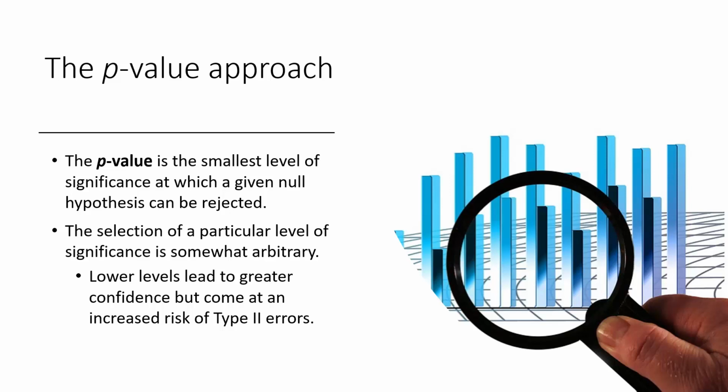Now we just talked, in the prior lecture, about alpha, the level of significance. That's the area outside the critical values. The p-value is the area outside the calculated test statistic.